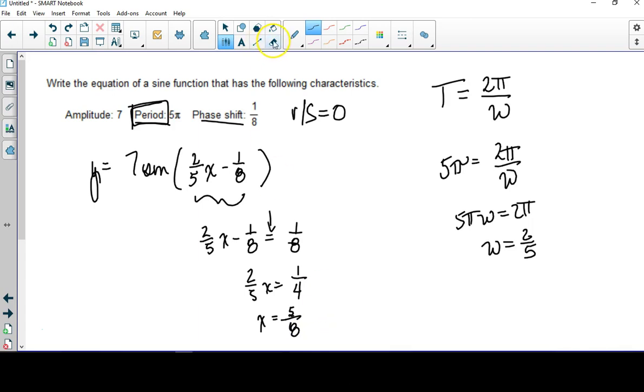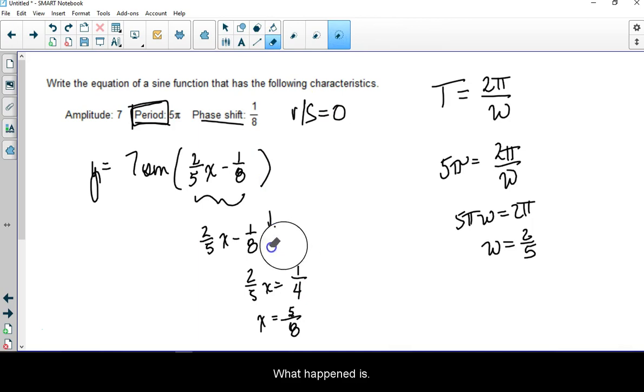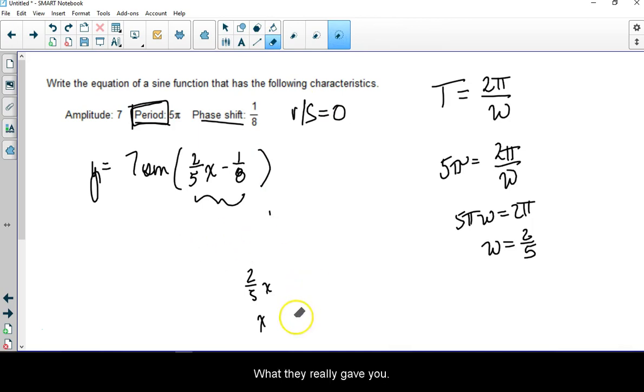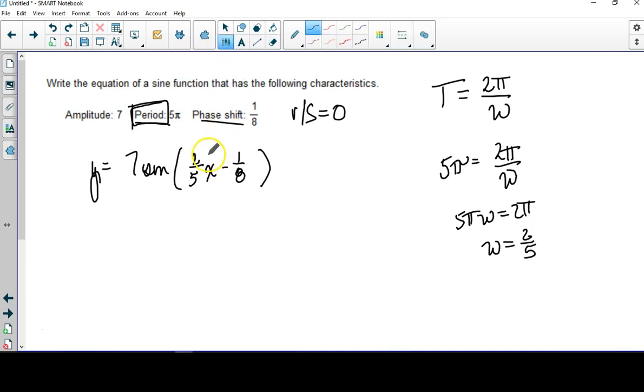So what happened? What happened is what they really gave you when they told you the phase shift was this. And that happens a lot when you're building the equation from the information.